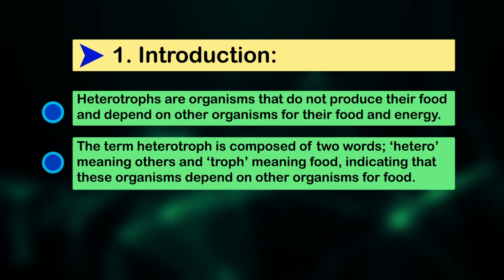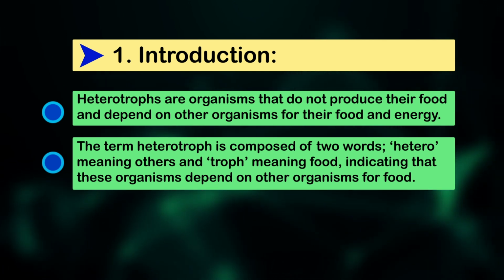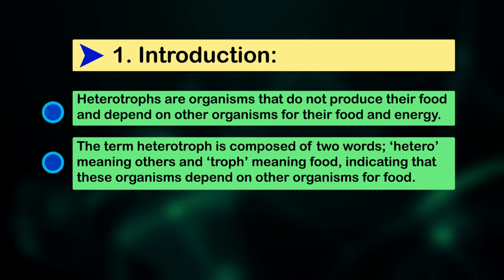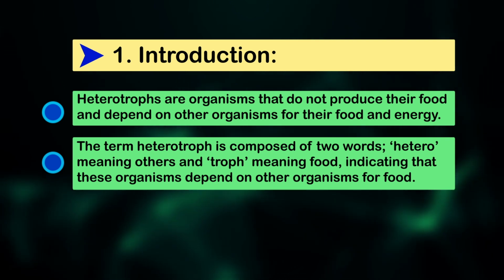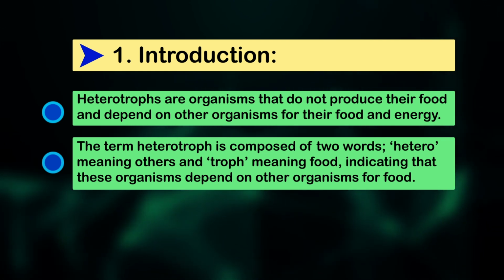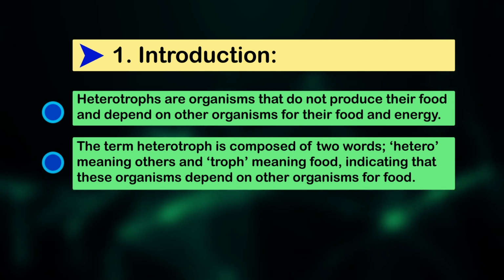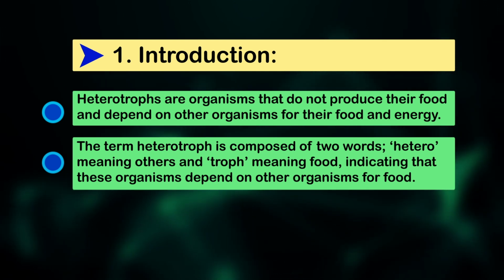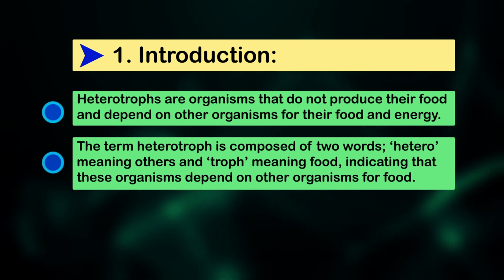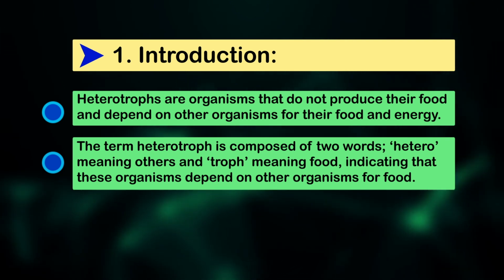A heterotroph is an organism which requires organic compounds as its principal source of food. It requires organic substrates to get its carbon for growth and development. It basically depends either directly or indirectly on autotrophs for nutrients and food energy.